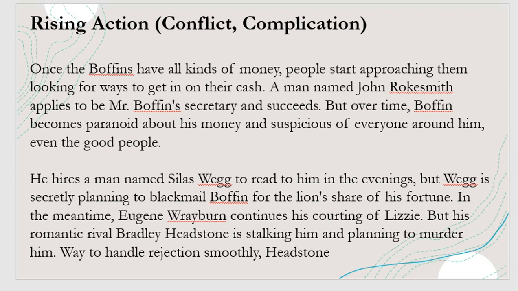And here, once Buffin received all the money and the house, everything in cash, a man named John Rooksmith applies to be Mr. Buffin's secretary, and that's how the coincidence or the luck was made in that rising action, and he got it.